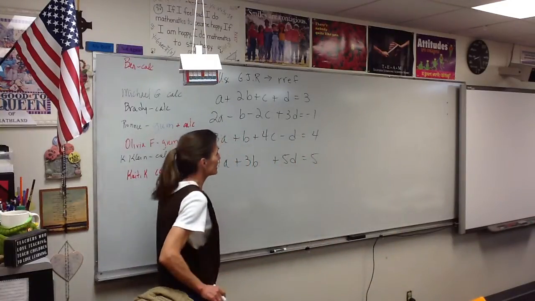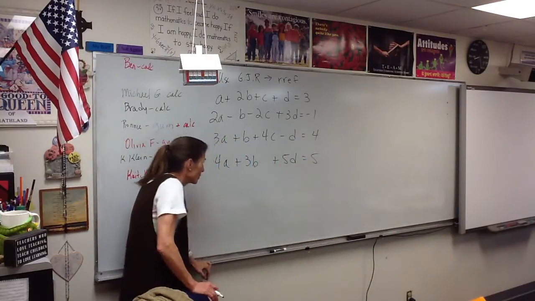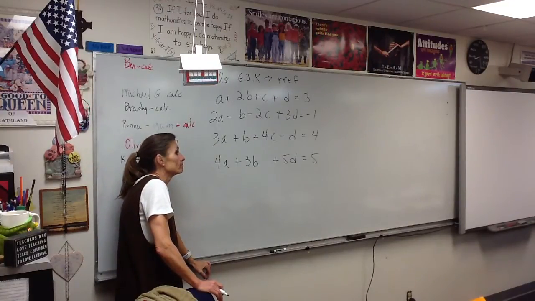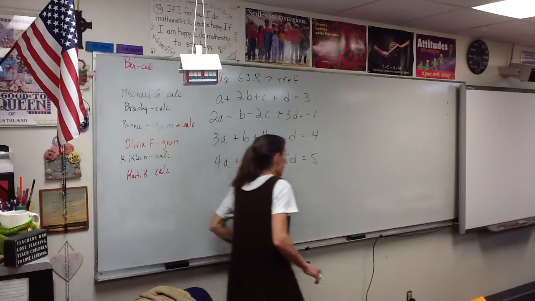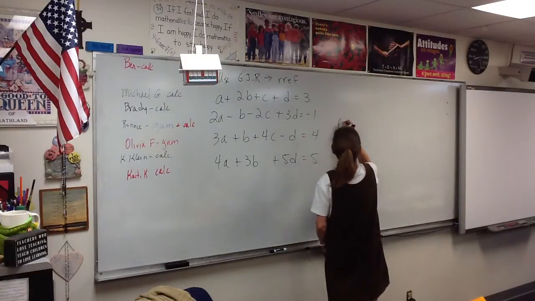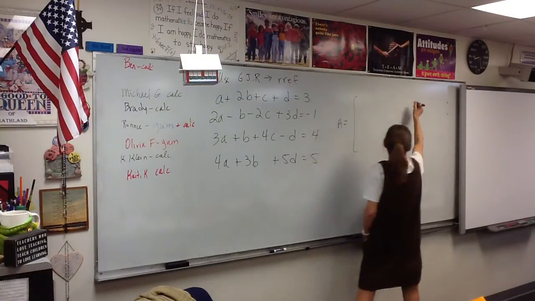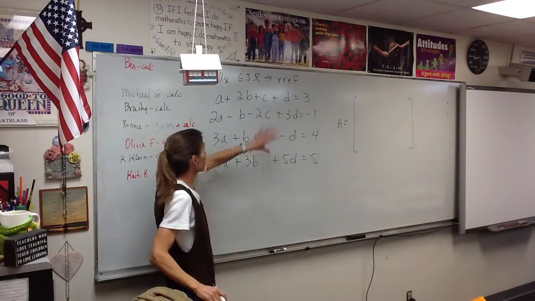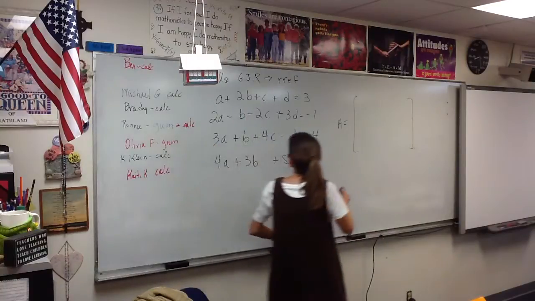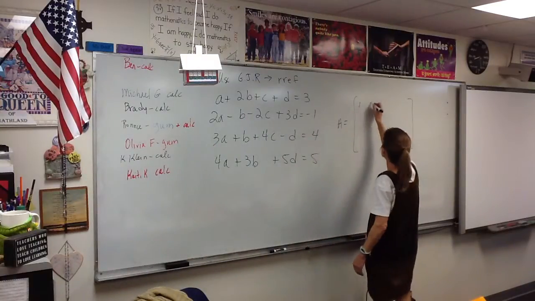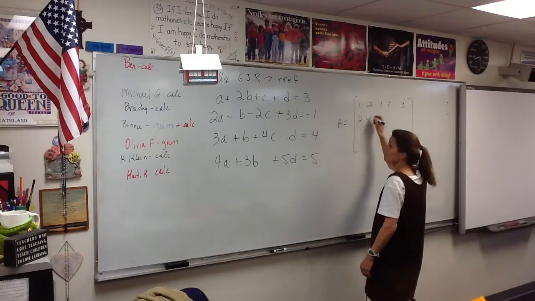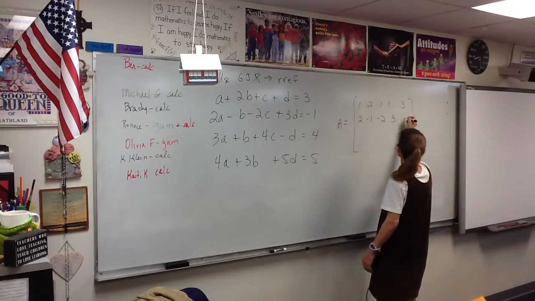So, Mackenzie Wiseman, what do I do first? Exactly. Put them all in an augmented matrix, which I'll call A, but you call it whatever you want. We're going to make one big matrix consisting of every number in this problem. So 1, 2, 1, 1, 3. 2, negative 1, negative 2, 3, negative 1.